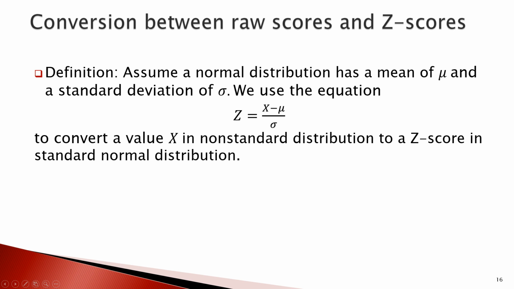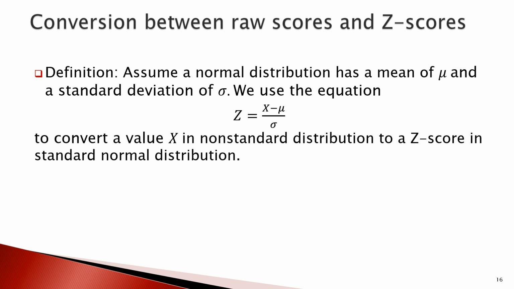Let's say we have a normal distribution with the mean mu and standard deviation sigma. Then we use (x minus mu) divided by sigma to convert that non-standard distribution to a standard normal distribution. Because we want to use the table. Of course we can make a table for that particular data set, but it's very annoying, right?